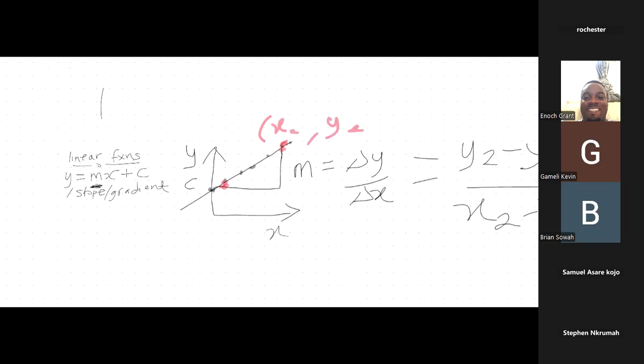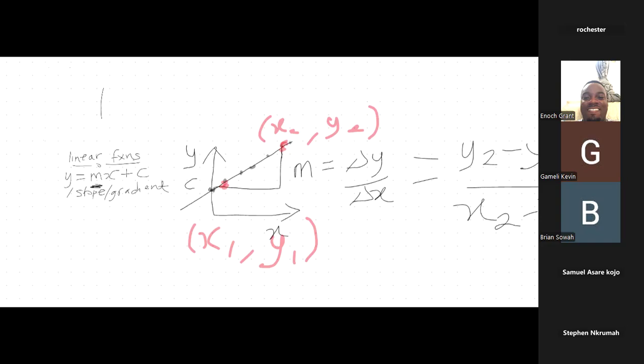And then the down one here will be my x1, y1. You see that? So now the relation representing our system is y2 minus y1 all over x2 minus x1. So this will give you the equation.